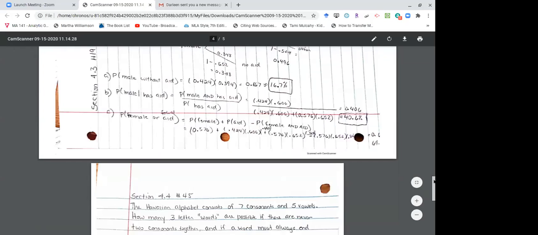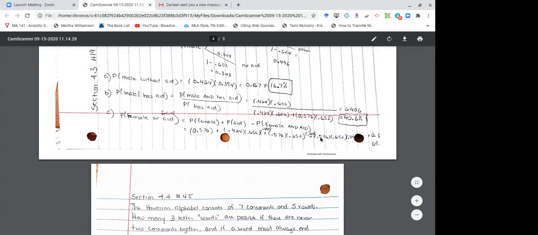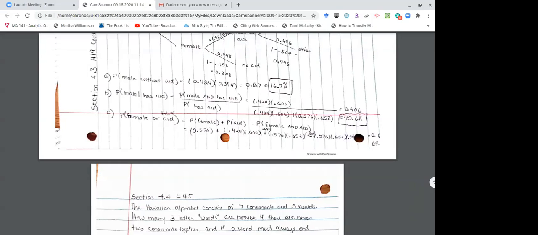Okay, and that's where that came from. Plus the females, 0.576, 0.652, 0.504. But this term, with 3 terms in it, cancels. And what I end up with is, it should be 0.691. It got cut off, but it's 69.1%, okay?